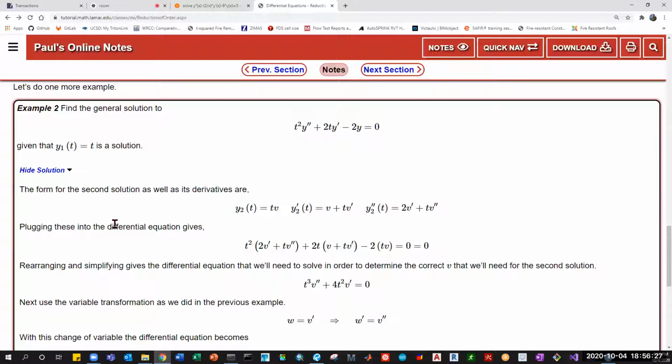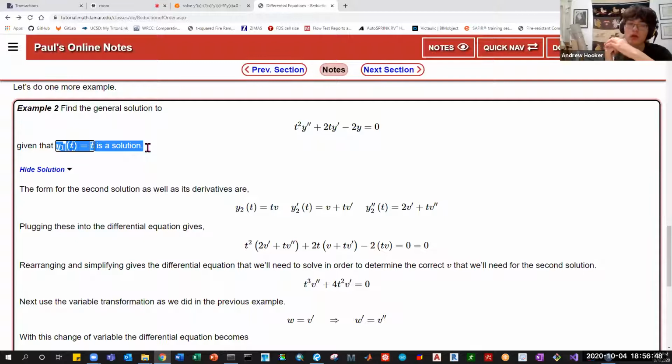You have 3 different cases: distinct real roots, repeated real roots, and complex roots. That one makes sense. Once you get something like this, the reason why it's a little bit hand wavy is this thing right here, when you're assuming something given this guy.